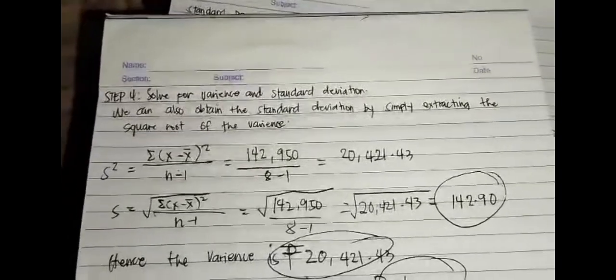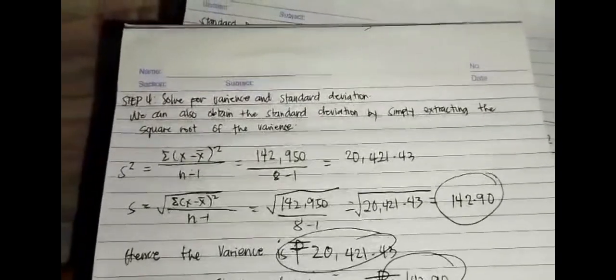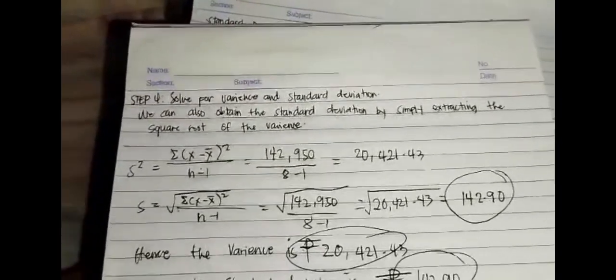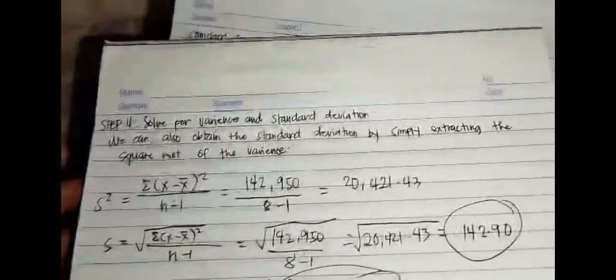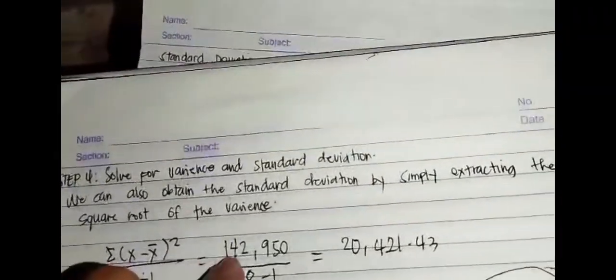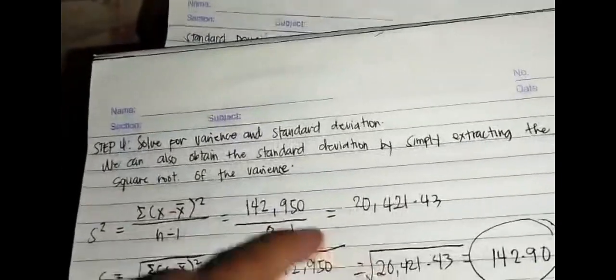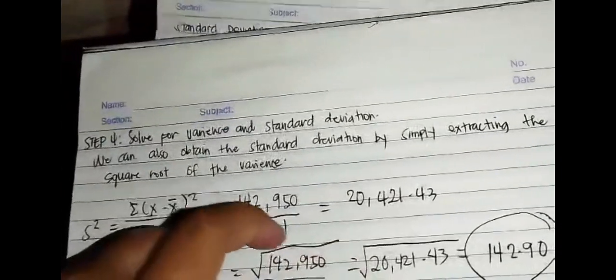Step 4. Solve for variance and standard deviation. We can also obtain the standard deviation by simply extracting the square root of the variance. Ang sum po ay 142,950 over 8 minus 1.